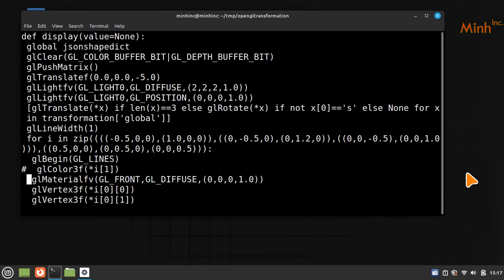Material GL_FRONT diffuse 0, and glMaterialfv GL_FRONT, emission. So this line would emit its own color. Whatever it is, same thing. We'll add 1.0.